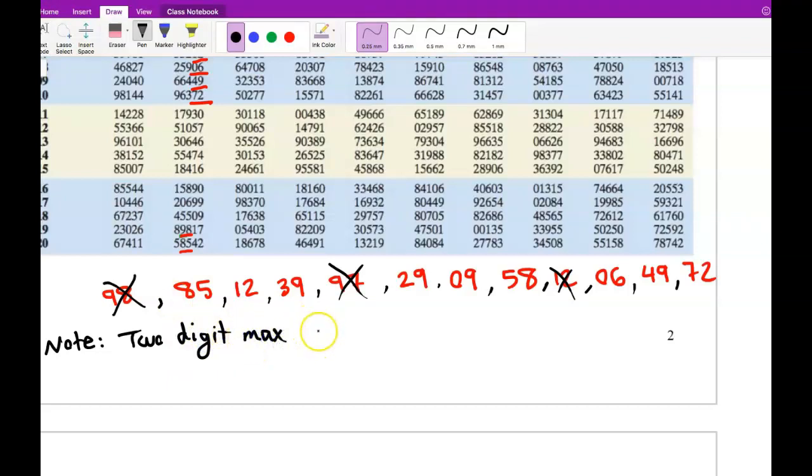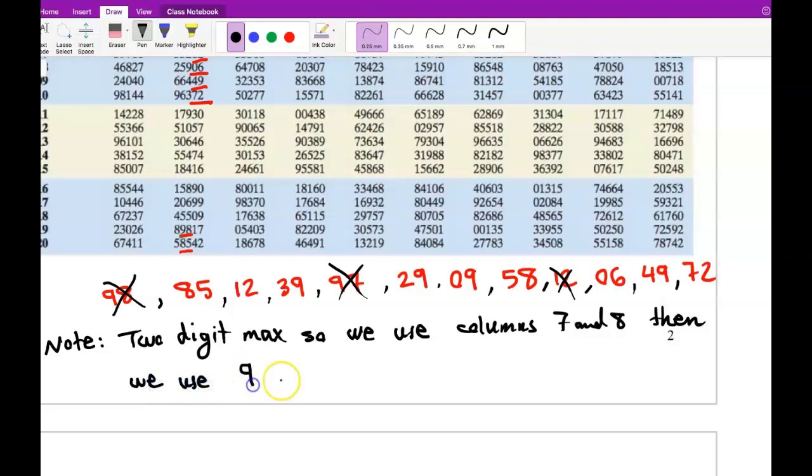Max, so we use columns 7 and 8. Then after that, I used columns 9 and 10.